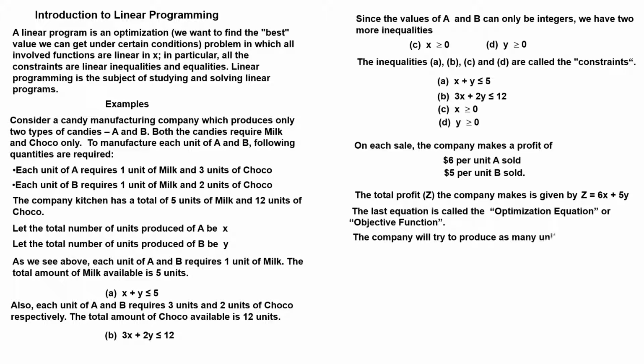The company will try to produce as many units of A and B as possible to maximize the profit. Find the maximal profit.